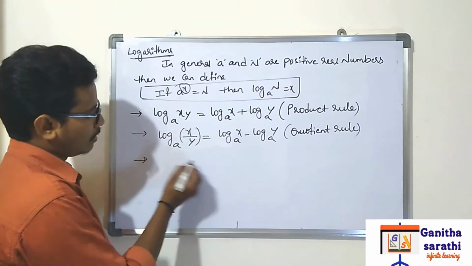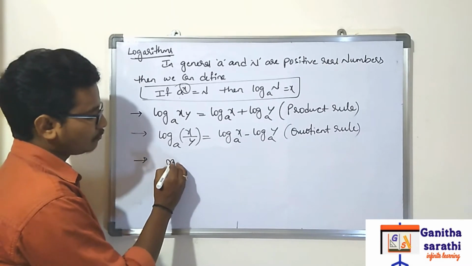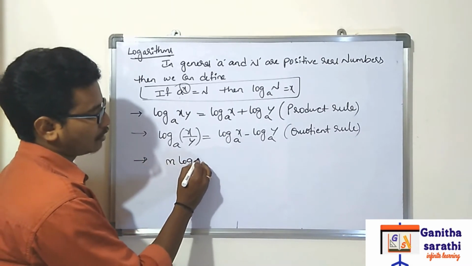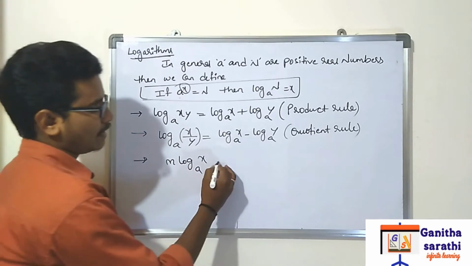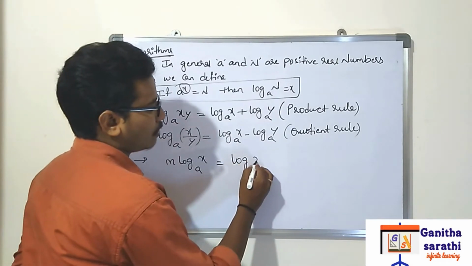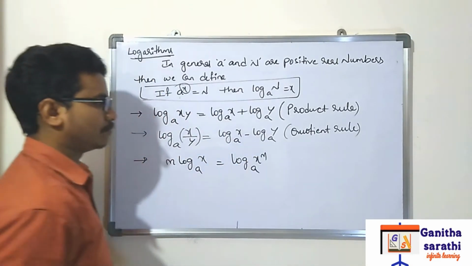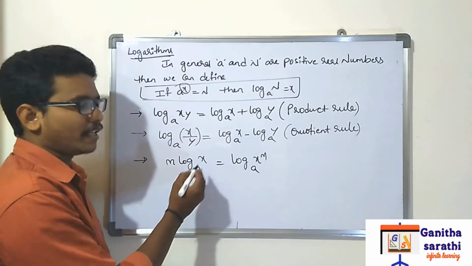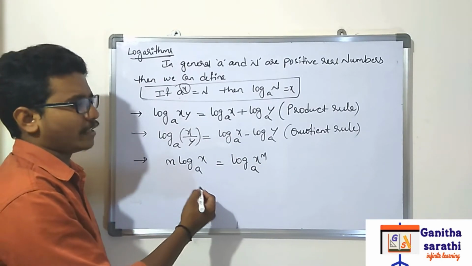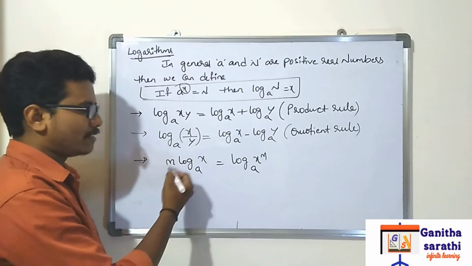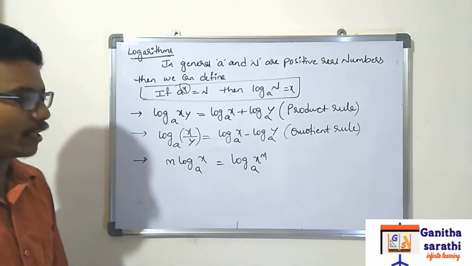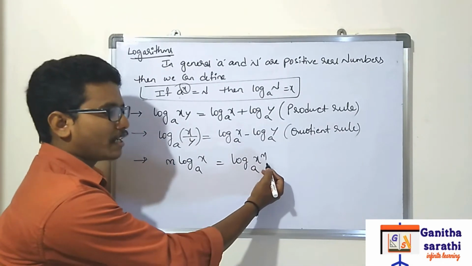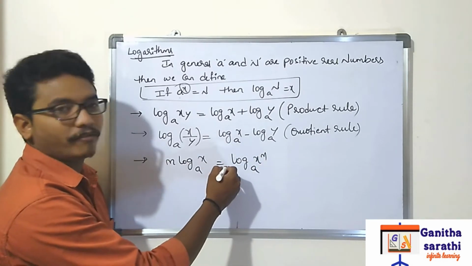Next one, m log x base a is equal to log x power m base a, or log x power m base a is equal to m log x base a. Whenever you have a power in logarithms, it will come to the front side.